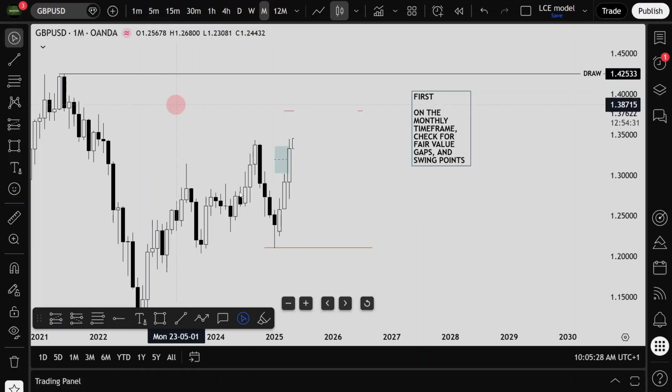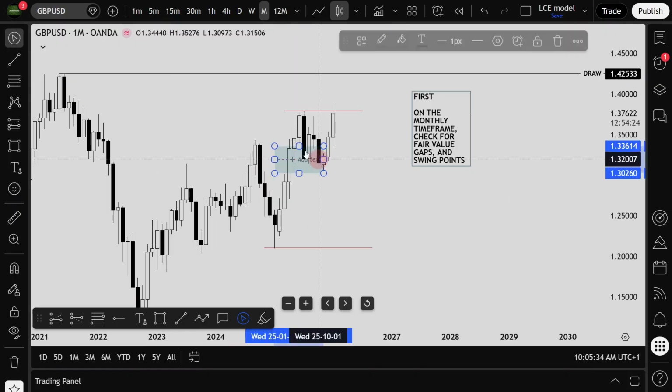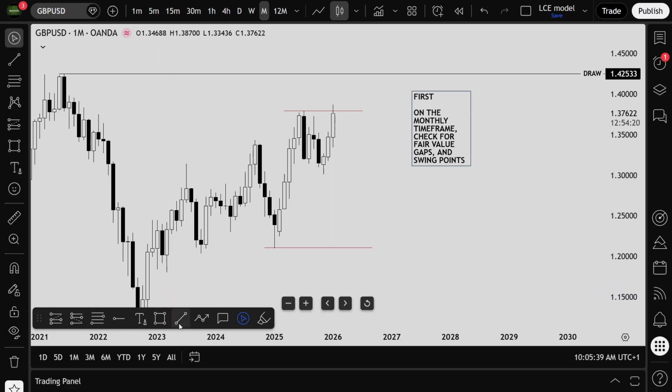All right, but eventually it gets created, and then what do we have? We have a gap. I'll use a line. We have a gap between the high of the first candle and the low of the last candle. That is a fair value gap over here.